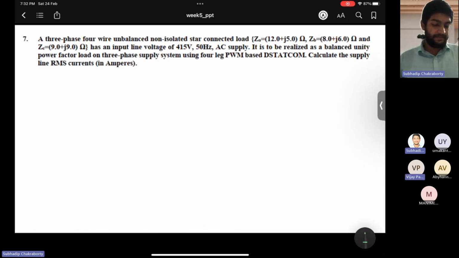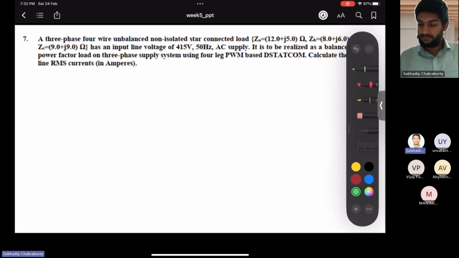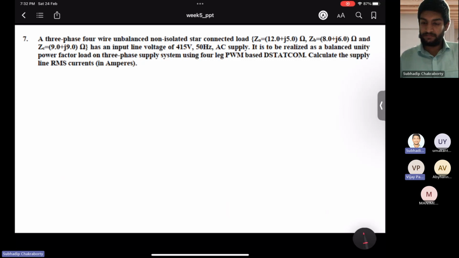So the next problem. This is a star connected load, and the three loads are unequal, as you can see.